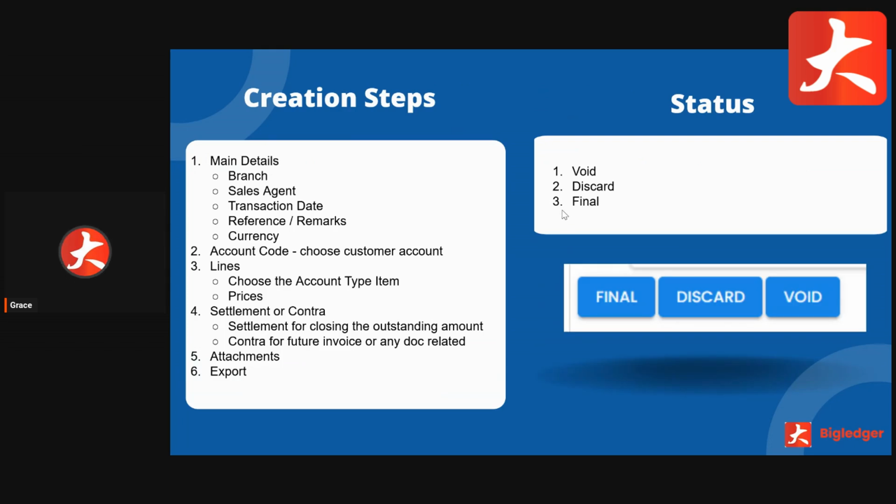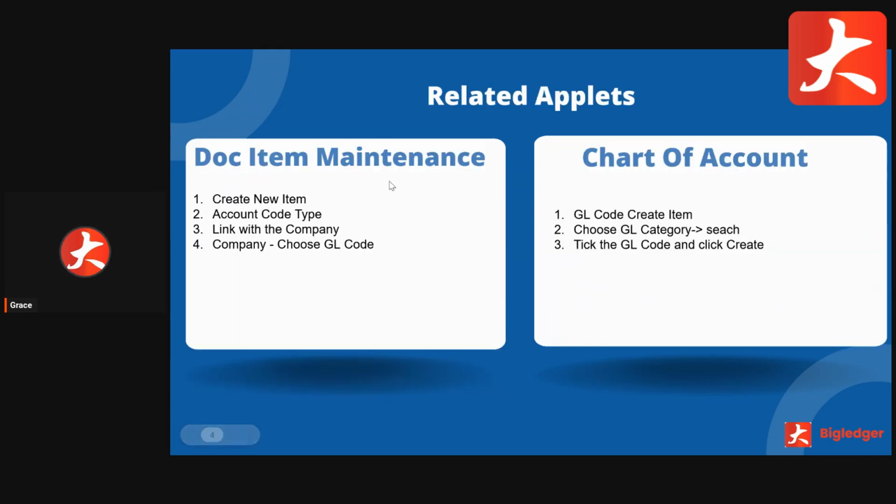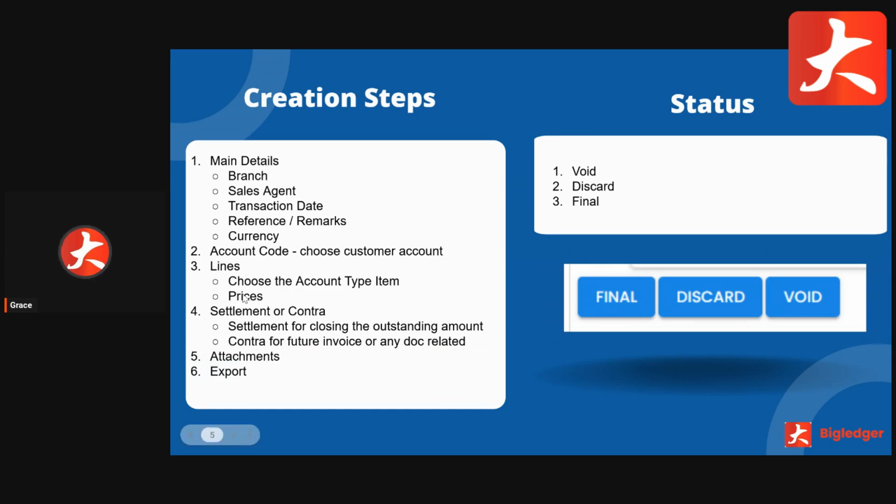So here the creation step is that you need to go to the main details where you choose your branch, sales agent, date, reference, and currency if you have multi-currency. Account code basically is for your customer. In the line item, you need to choose the item type that you created over here, which is the account type, a GL code type, and then you key in the prices. Then you key in the settlement or contra.